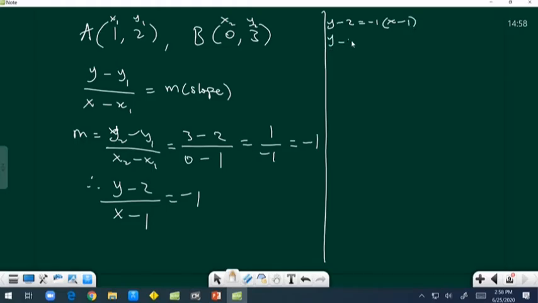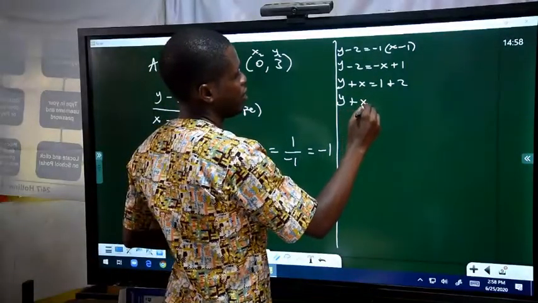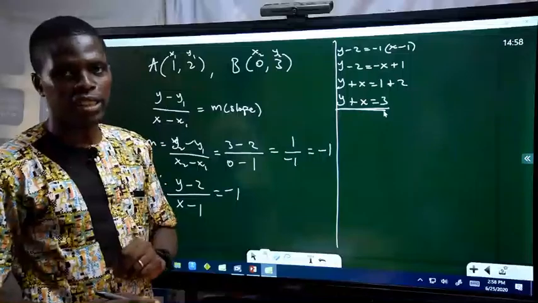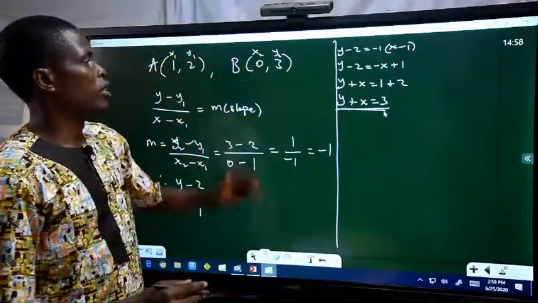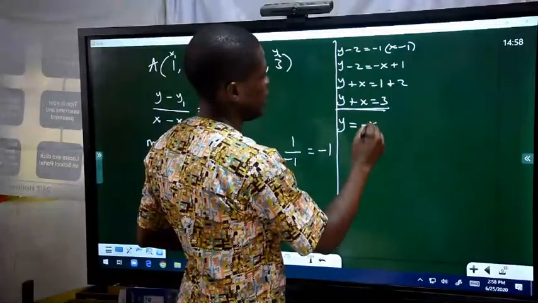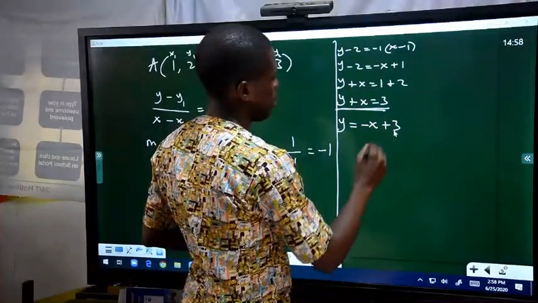So we have y minus 2 equal to minus x plus 1. y plus x equal to 1 plus 2 when you collect like terms. So we have y plus x is equal to 3. So this is the equation of the line joining points A and B. We can also put it in the other form and say y equal to minus x plus 3.